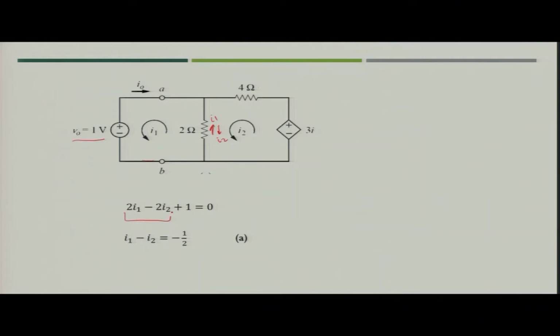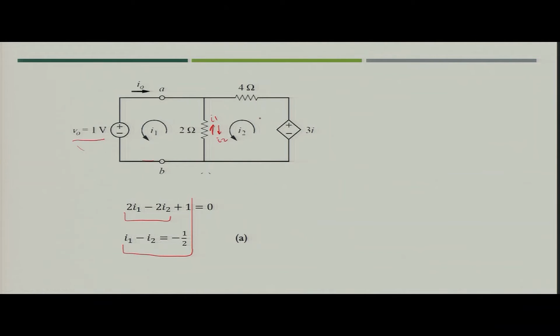So this will become 2(I1 minus I2) plus 1, which is the voltage source we have connected. Since we are going from plus to minus, it will be a plus sign here. If you simplify, this becomes I1 minus I2 equal to minus 1 by 2.